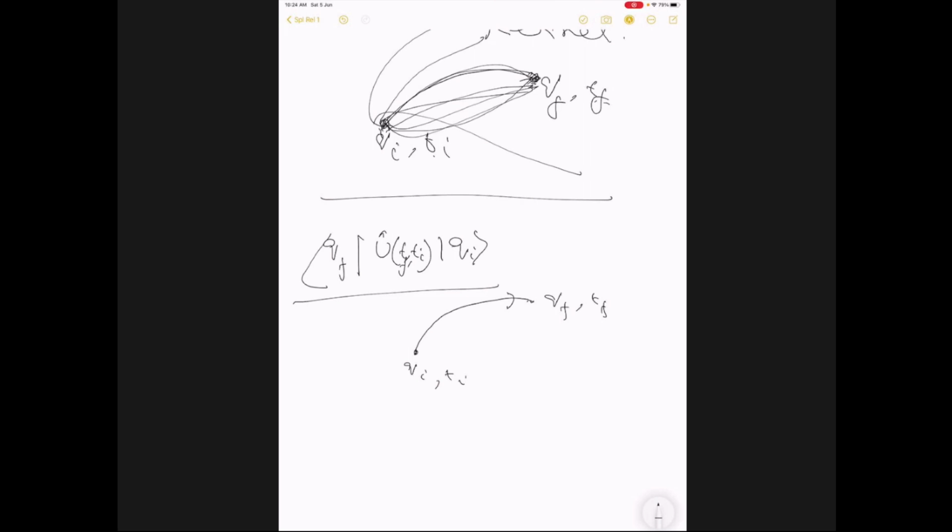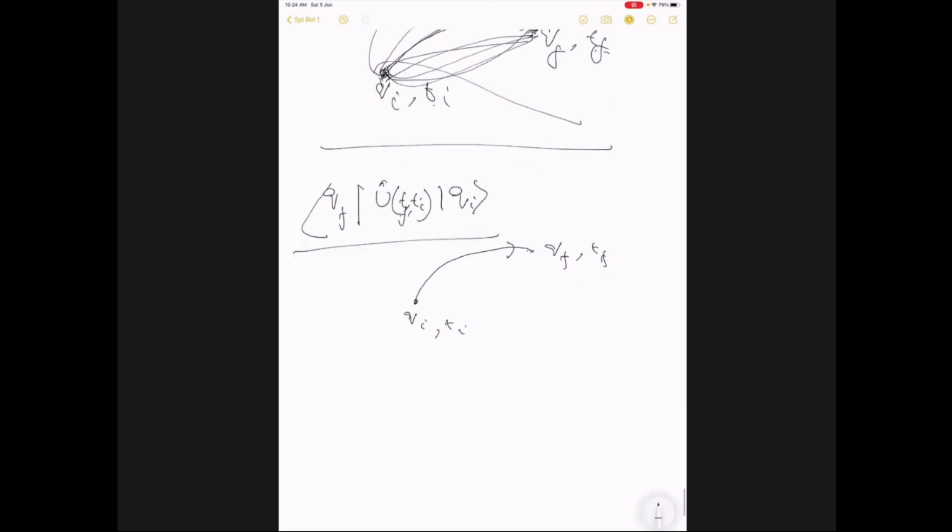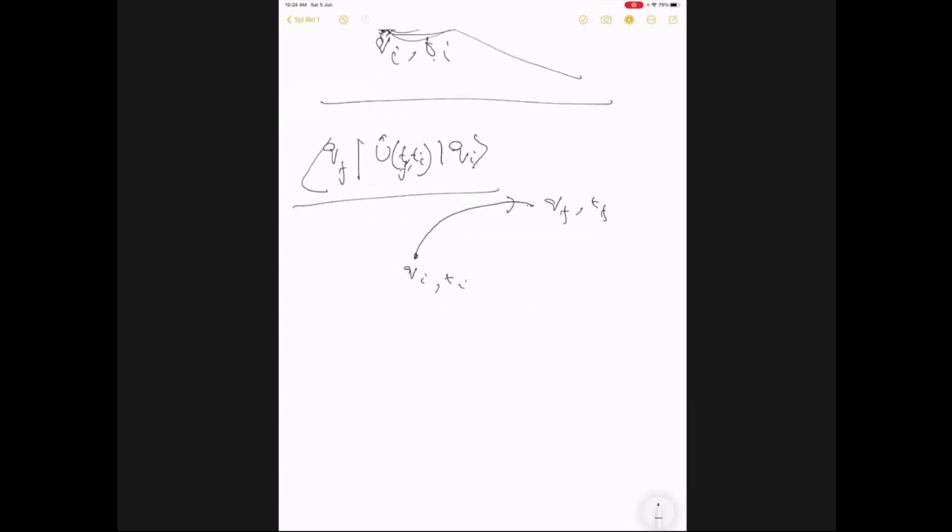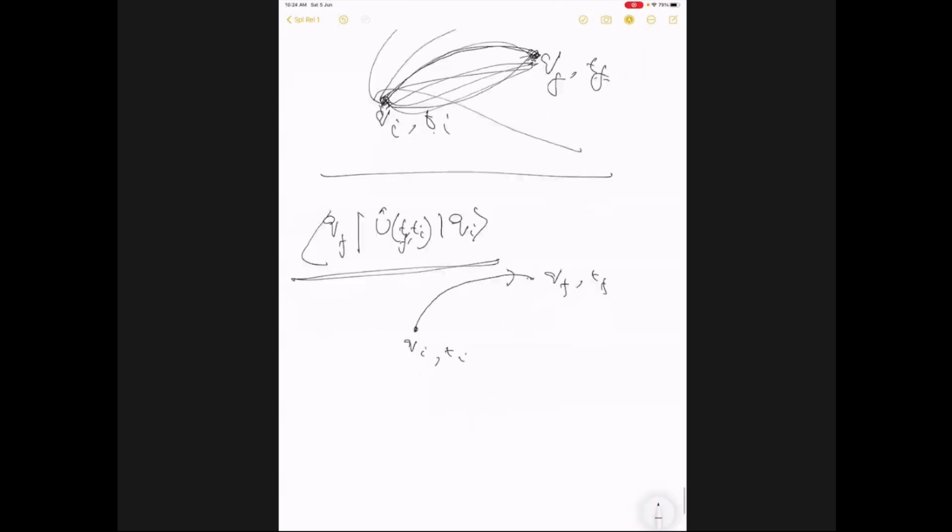So we have understood this is called the time evolution kernel. Remember, I told you about this time evolution kernel. So this is the time interval TF to TI.